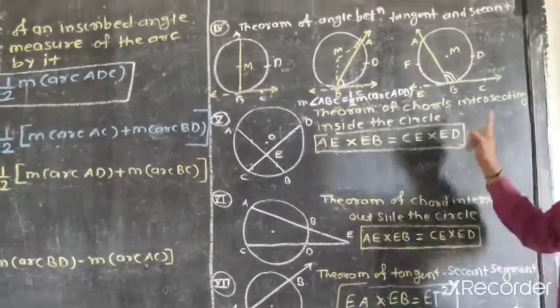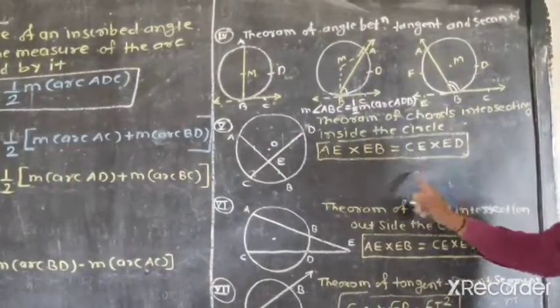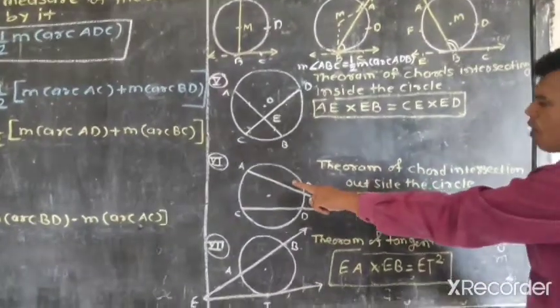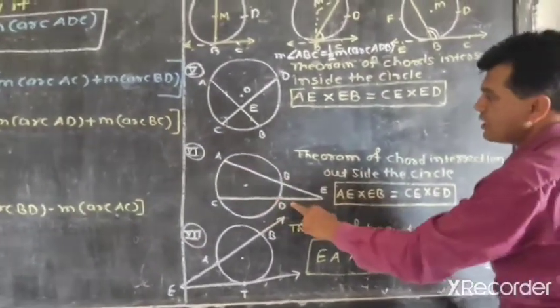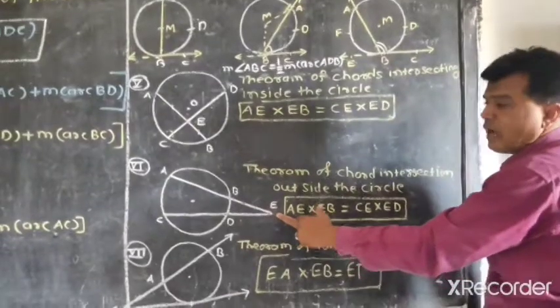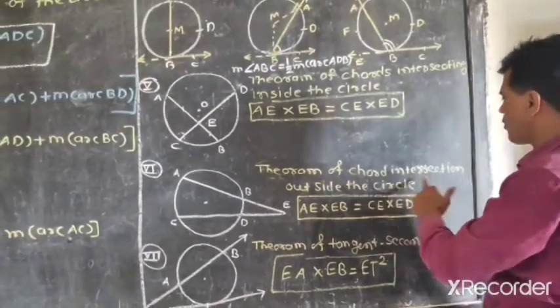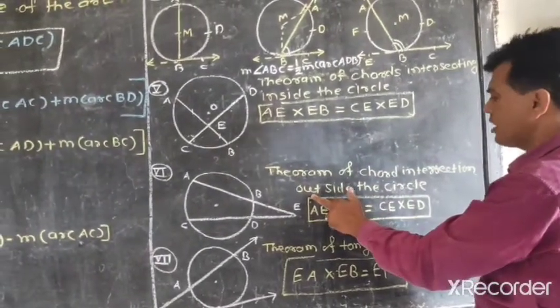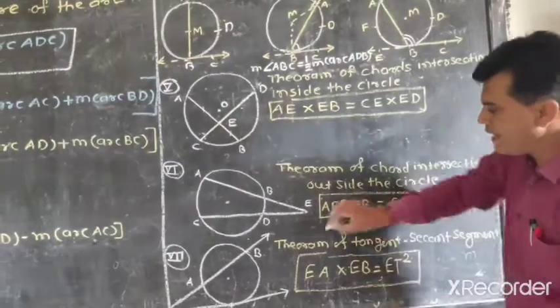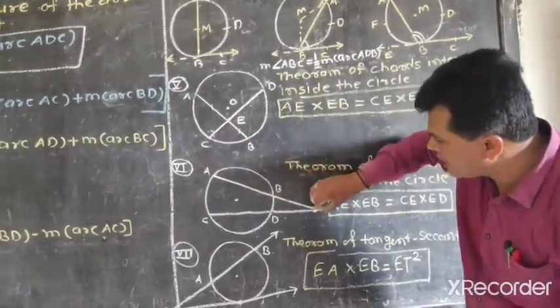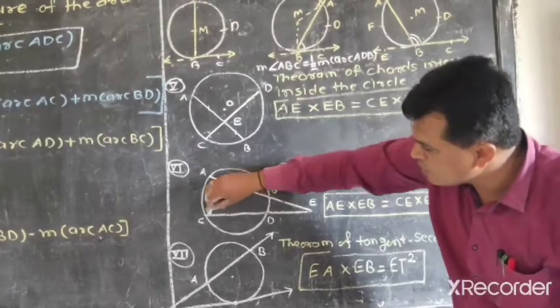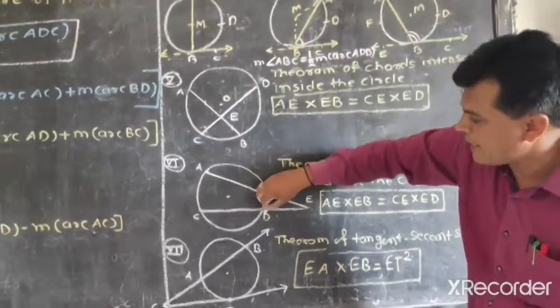That is the theorem of chords inside the circle. Another type: chords AB and CD intersect at a point outside the circle. Theorem of chord intersection outside the circle: AE multiplied by EB is equal to CE multiplied by ED.